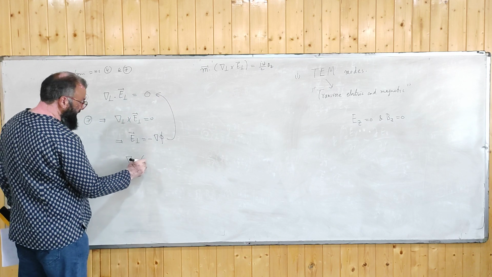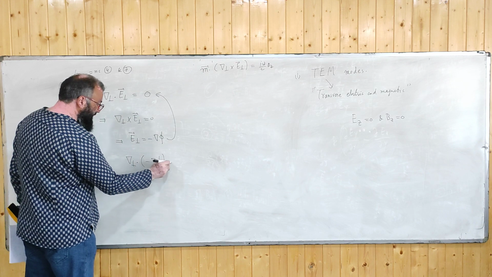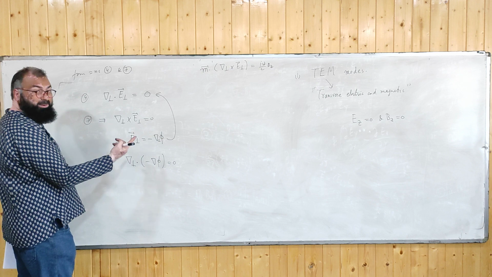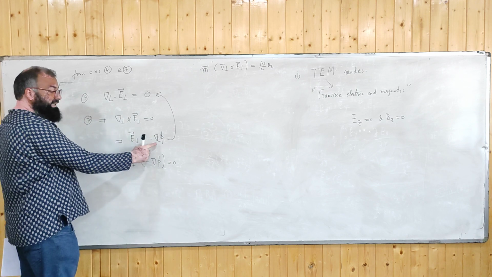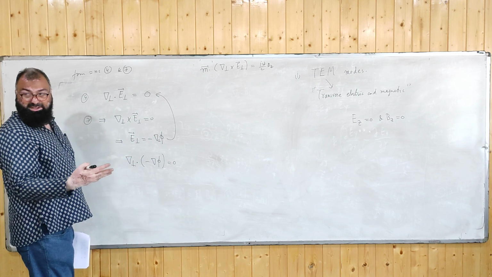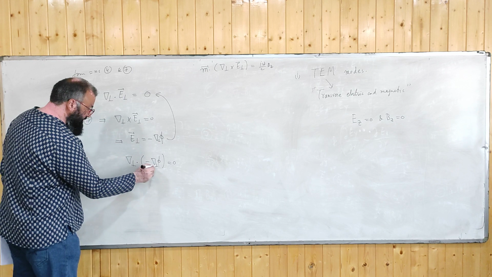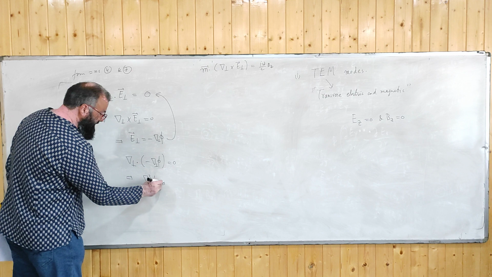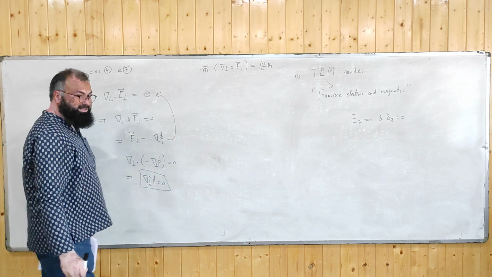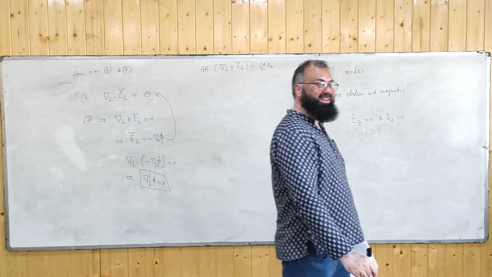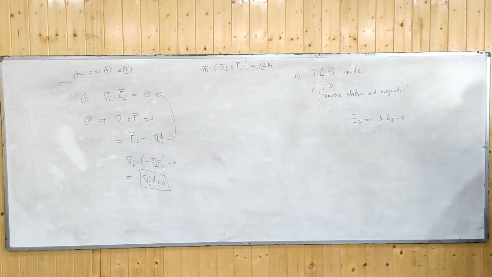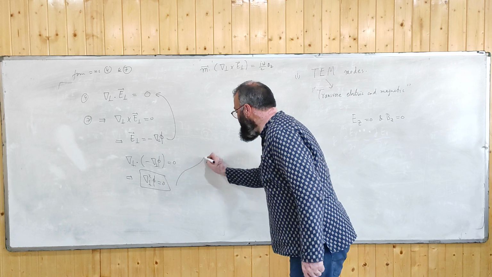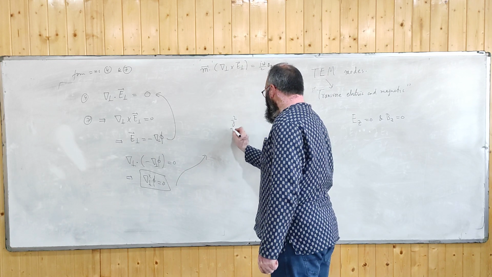You get this thing, nabla phi, equal to 0. Since it's E perpendicular, I need to calculate the gradient in the perpendicular direction. So what is this equation? It is the Laplace equation in the transverse direction. Clear? So you need to solve the Laplace equation in the transverse direction.